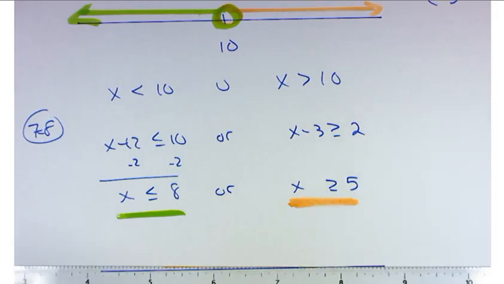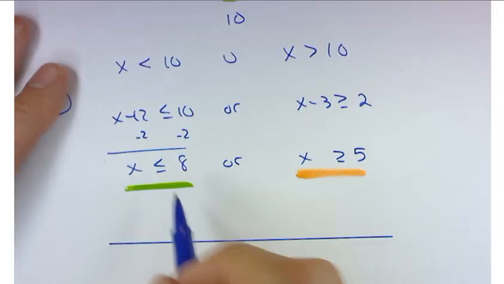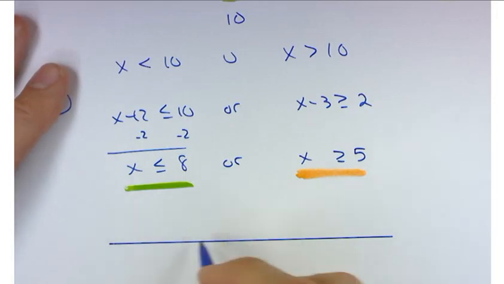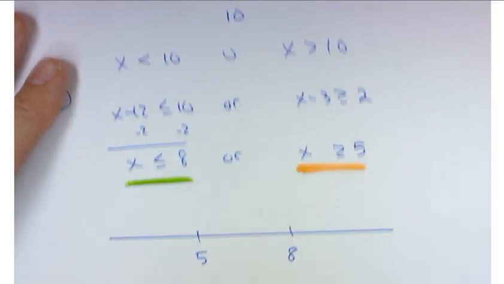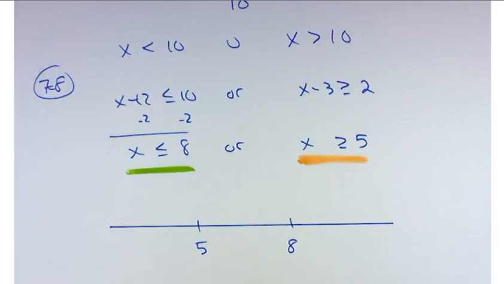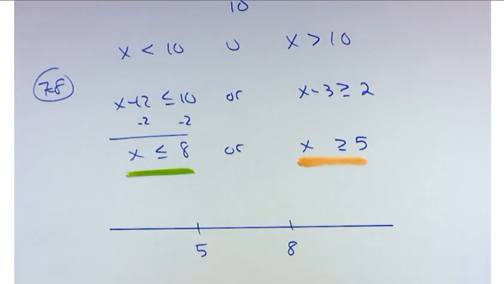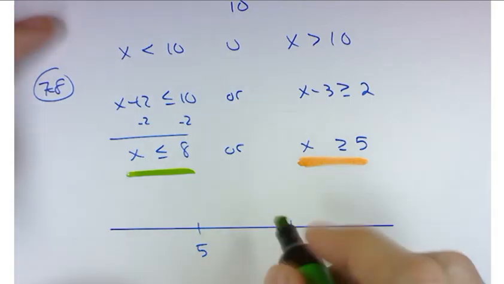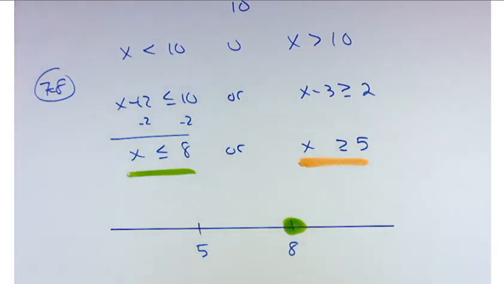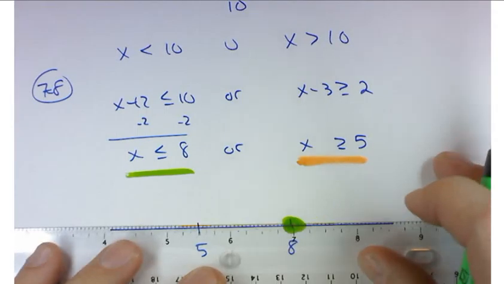As far as your graph is concerned, I really only need to see two numbers, 5 and 8. x is less than or equal to 8. What's the graph of x is less than or equal to 8 going to look like? Solid dot. Good, thank you. Solid dot. Which way is the arrow going to run? To the left. Good.